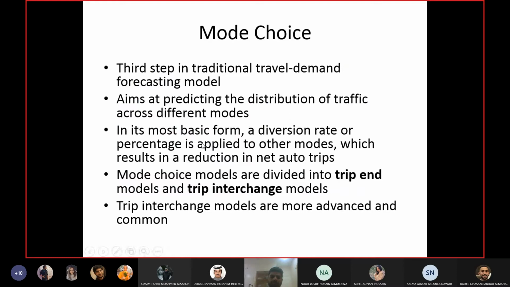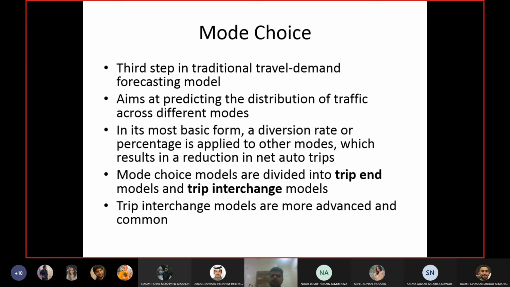A very simple method of calculating the mode choice is you calculate the percentage of trips which are taken by other modes. So you will have the number of trips which are taken by car. I will show you another method in a minute, but the most convenient way to do this step is to find out the percentage of people who go by other modes.